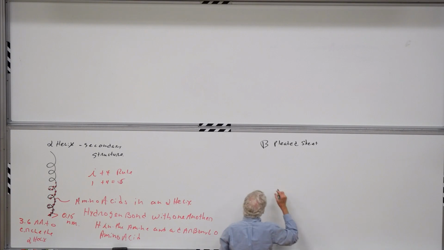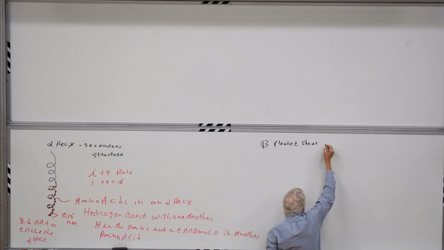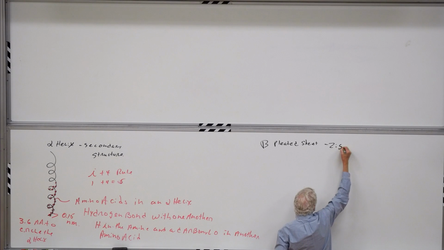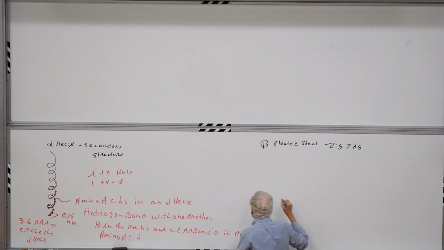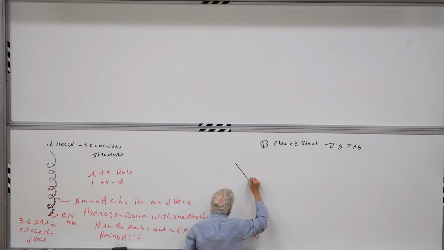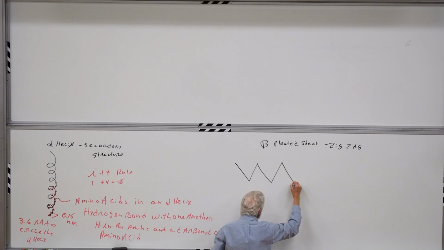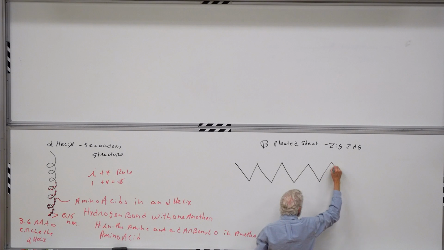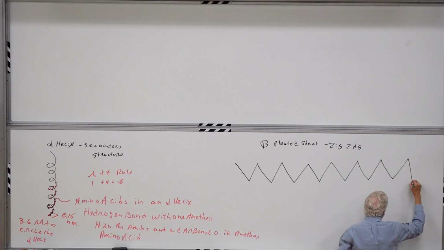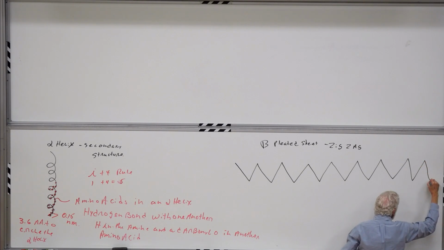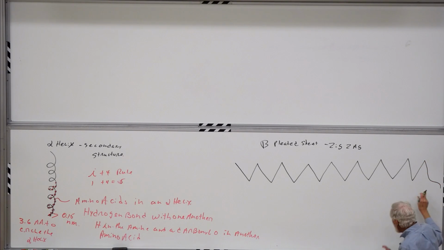The beta pleated sheet is more or less a zigzag. And I'll try to draw this way. Then someplace out here, there's a kink. Usually someplace around here, there will be a proline or a glycine that throws a kink into the amino acid sequence.